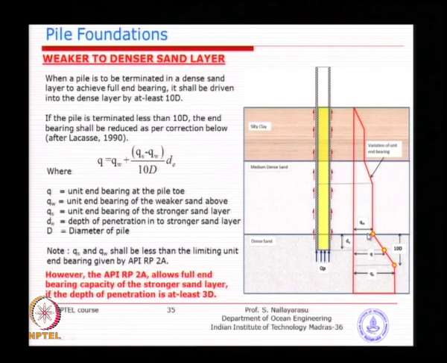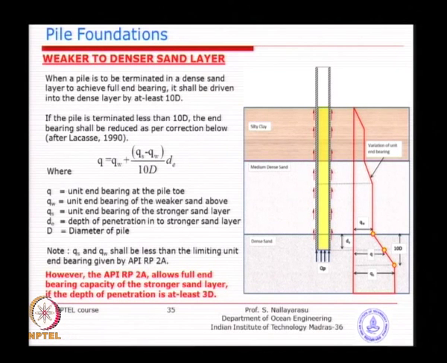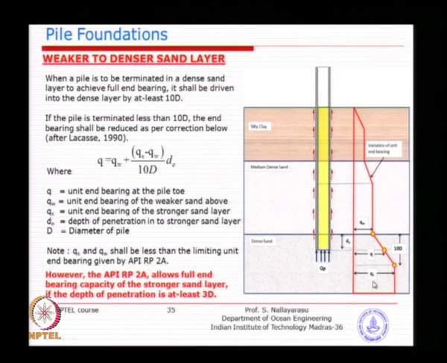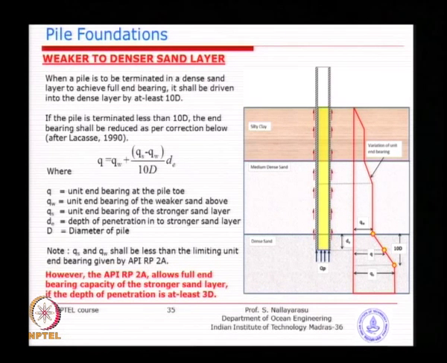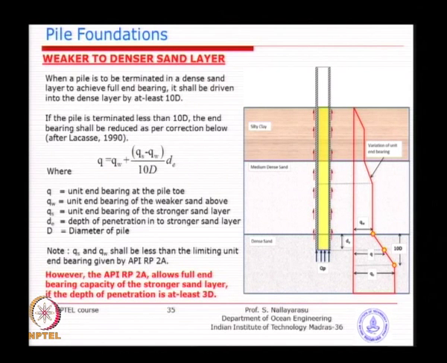You see here Q W is the end bearing capacity of the weaker layer, we call it slightly weaker, whereas Q S is the stronger layer. In between, if you try to penetrate, you think you want to achieve, but you can only drive say 2 diameter, 3 diameter, because the denser layer is having so much resistance.